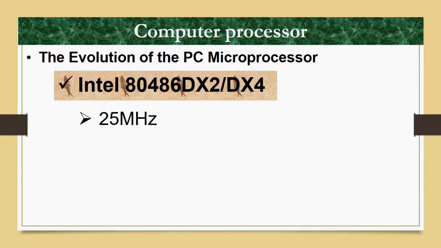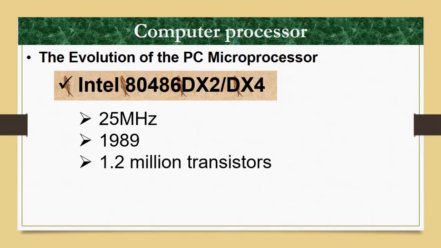Processors did not break the 1 million transistor barrier until Intel released the 25 megahertz 486DX microprocessor in early 1989. The processor had over 1.2 million transistors and generated 20 million instructions per second.